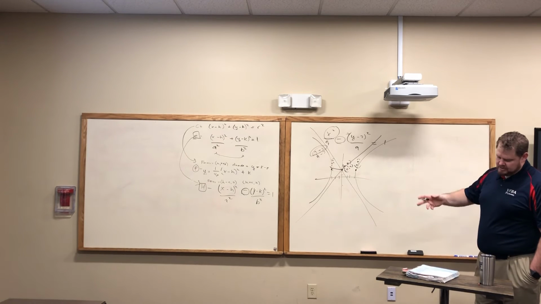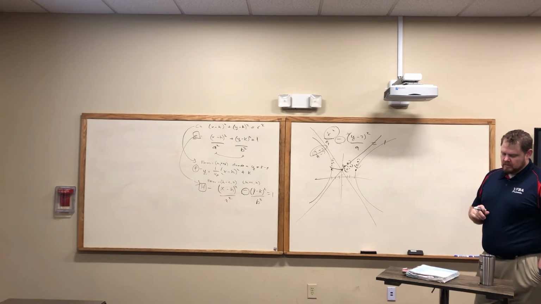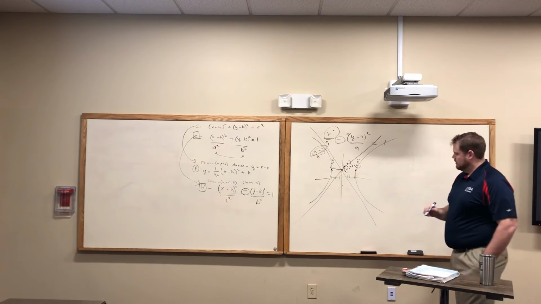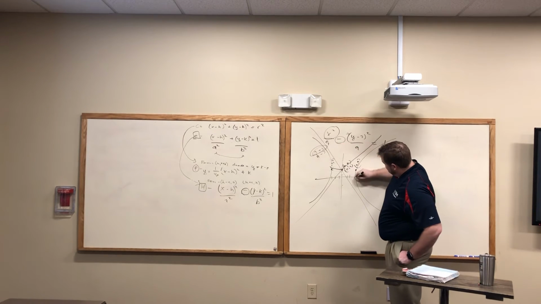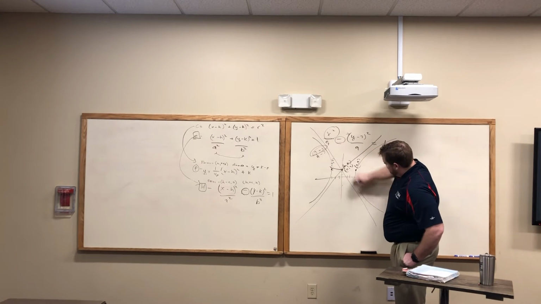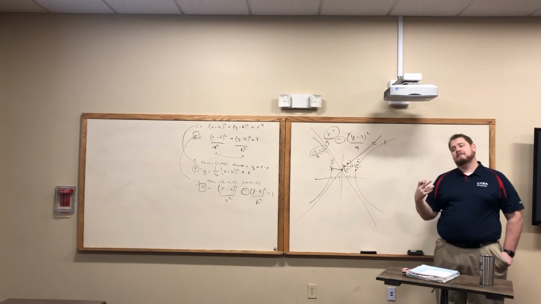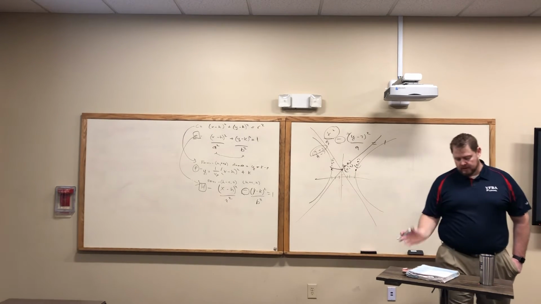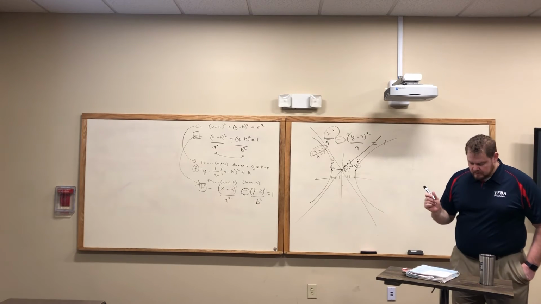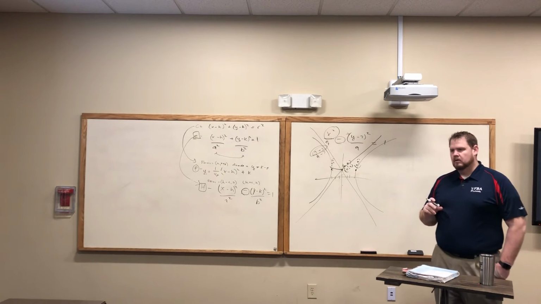So you have your asymptotes that go through there, and you would draw them through and down. That's how you're going to find them. Some of those are going to be harder than others, okay? That one's an easy one, other ones are harder.